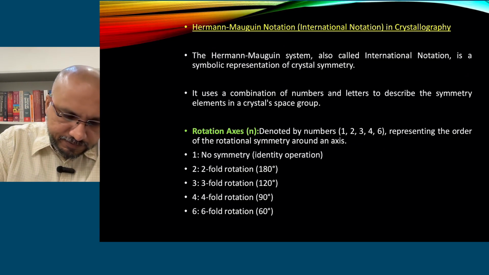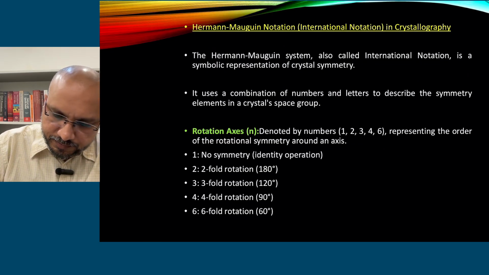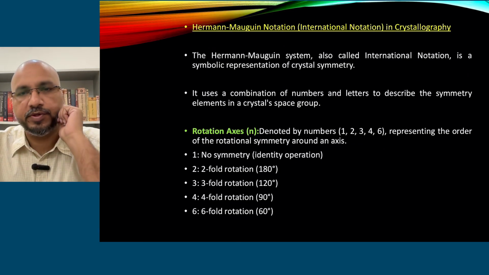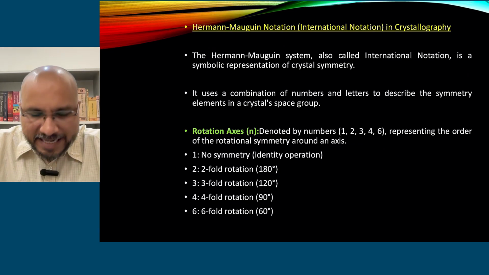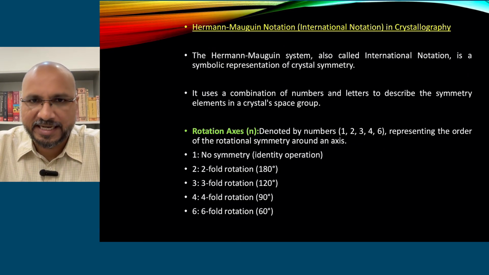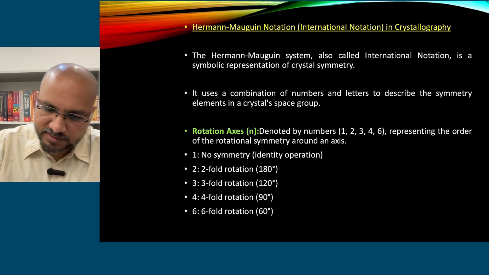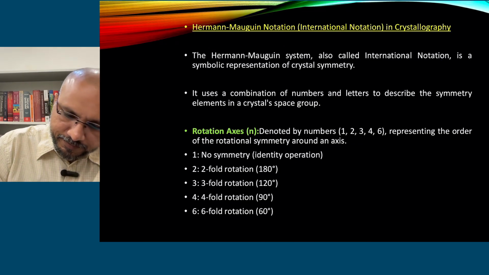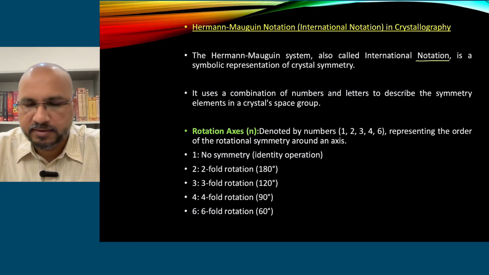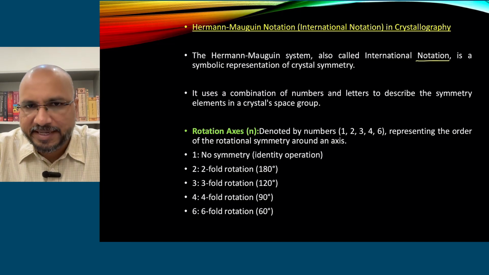So first of all, what is notation? It is a standardized system to describe the geometry of repeating patterns within the crystal lattice. Basically we are describing the symmetry elements of any crystal.